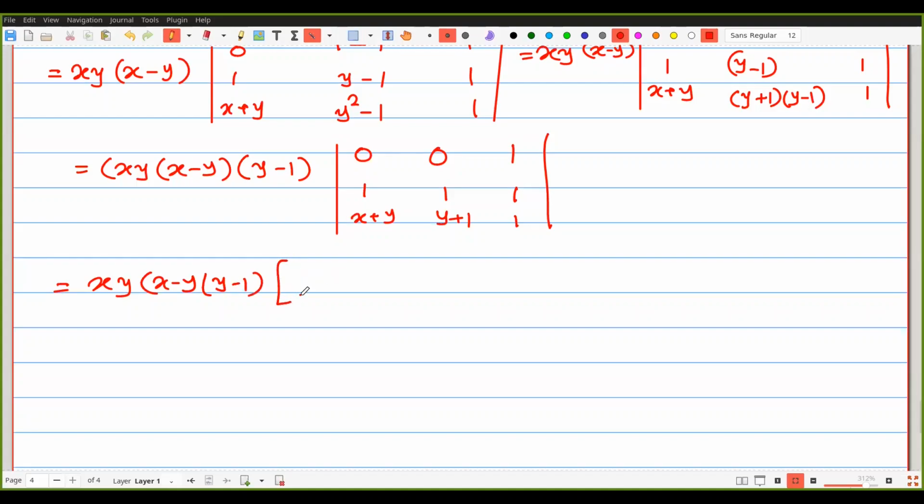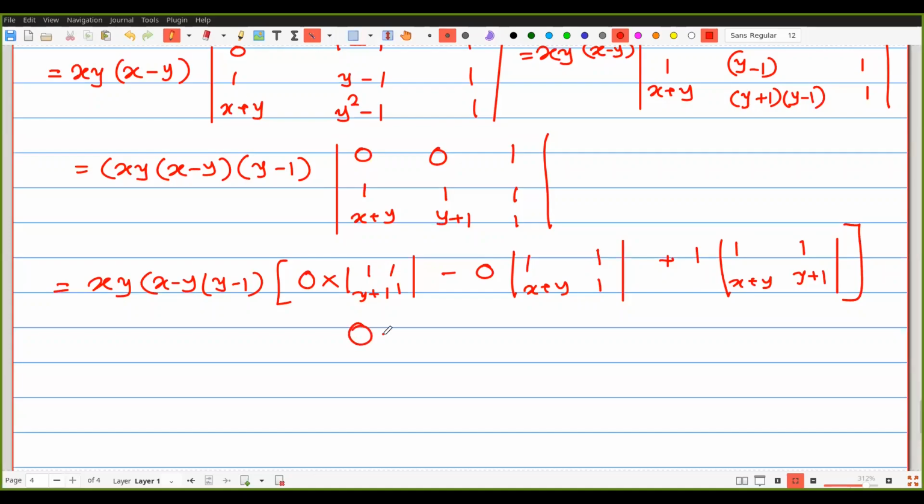That is 0 into the minor 1, 1, y plus 1, 1. Already I am writing, you don't have to write that. Then 0, 1, 1, x plus y, 1, plus 1, then 1, 1, x plus y, y plus 1. So that one is 0, that one is 0.